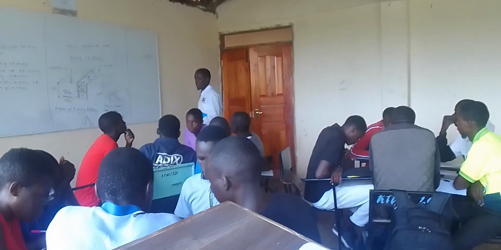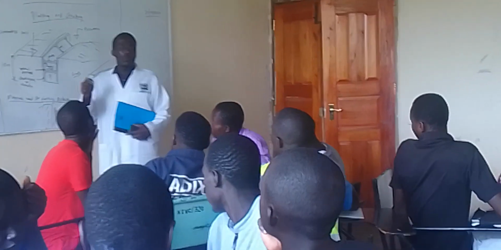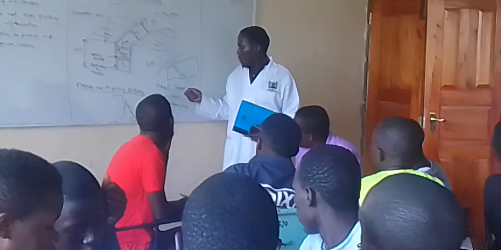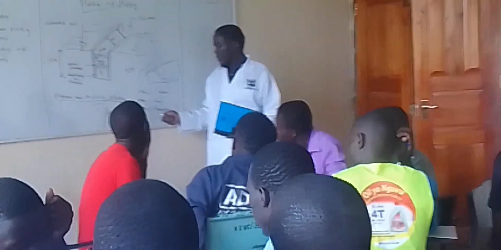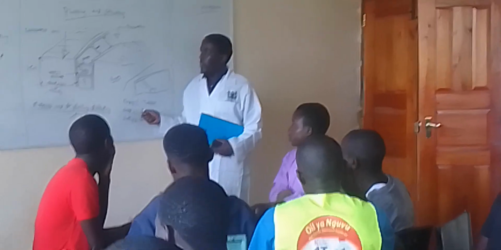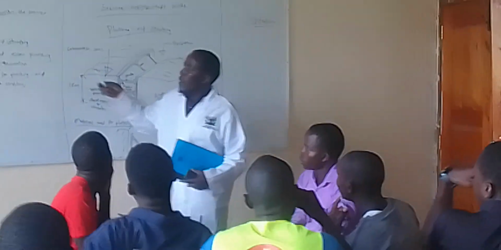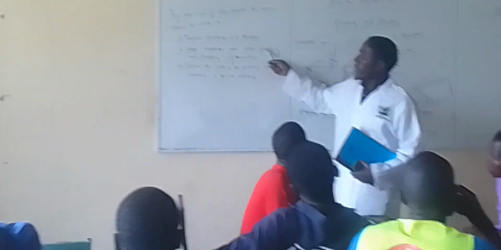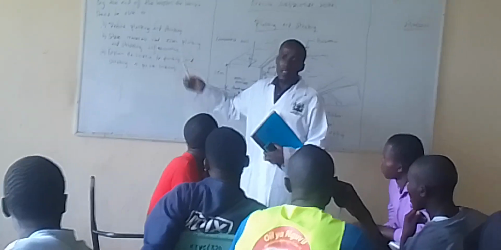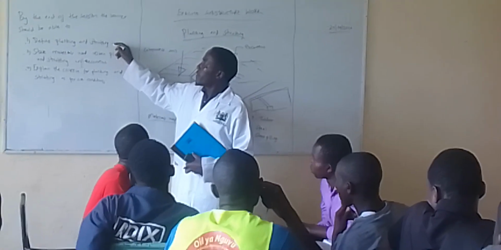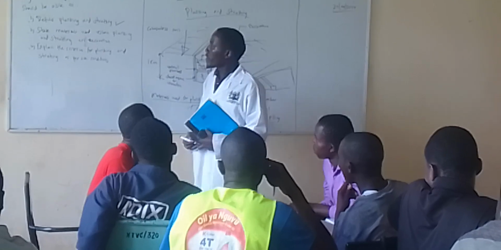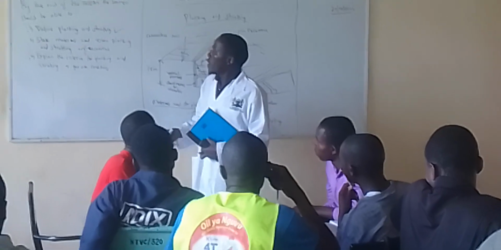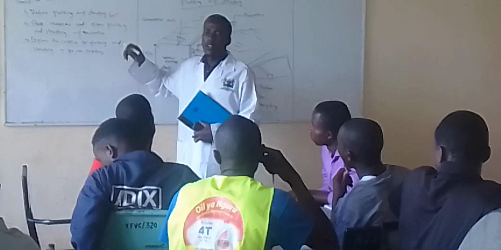Now, attention to me. I know that you have discussed timber, steel, and sheet piling. This is what we have covered: materials used for planking and strutting installation. First we started by defining what planking and strutting is. Second, we talked about the materials used.